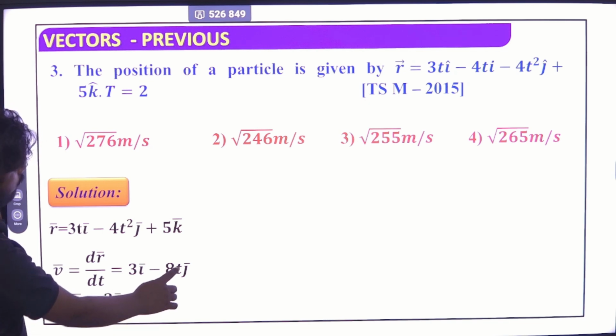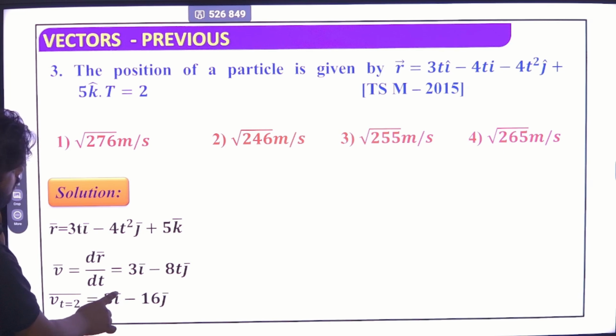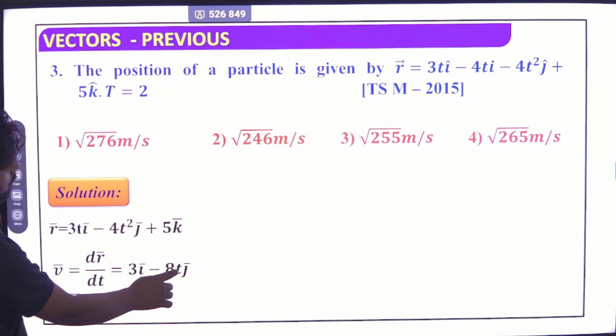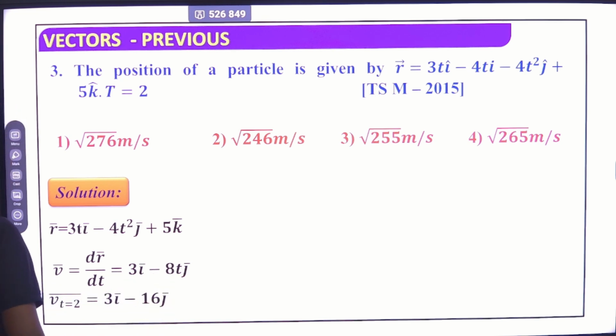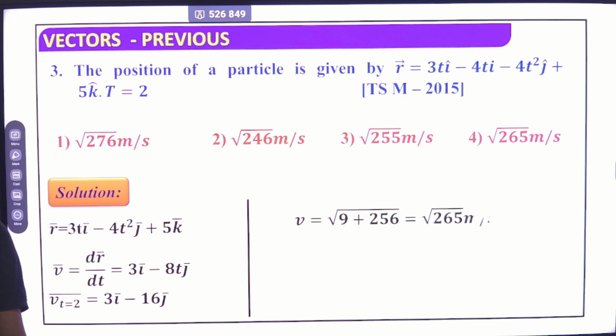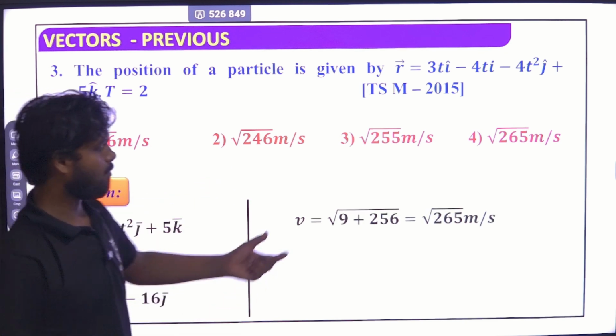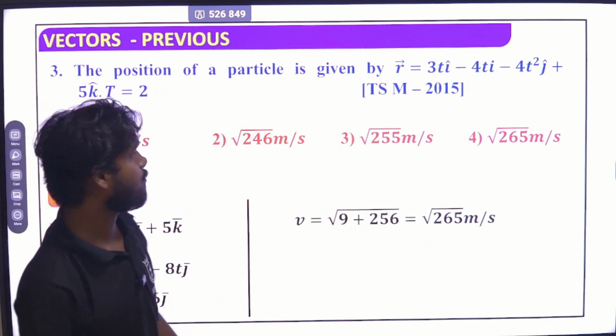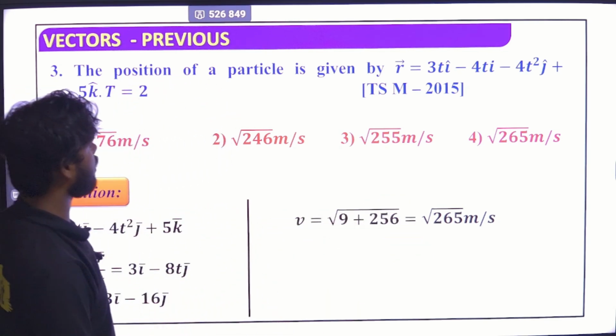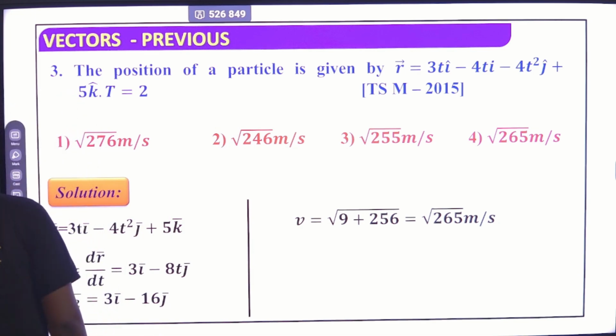There is no t in the first term, so I can directly put 3i, but in the second term when you put t equal to 2, it becomes 16j, clear? From here I get my velocity, and taking the magnitude, I simply get the speed as square root of 265 meter per second. So which option will be correct? Option 4 will be my correct answer.